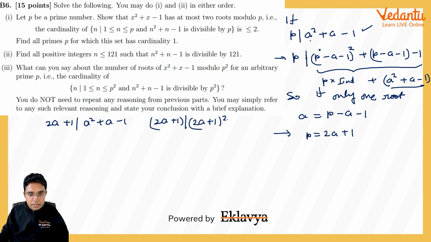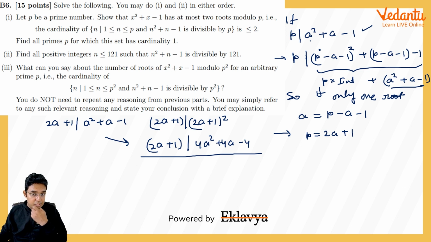Why am I writing this? Because if you use this relation once again, you can write this as 2a plus 1 divides 4a square plus 4a minus 4. That's a very important trick in number system questions. Now, if you open this whole square, you get 4a square plus 4a plus 1. So taking their difference, we get that this divides 5. And p is this prime number 2a plus 1, which divides 5.